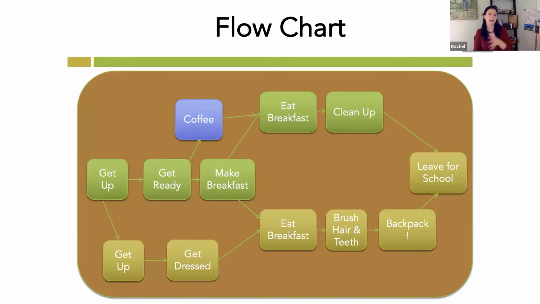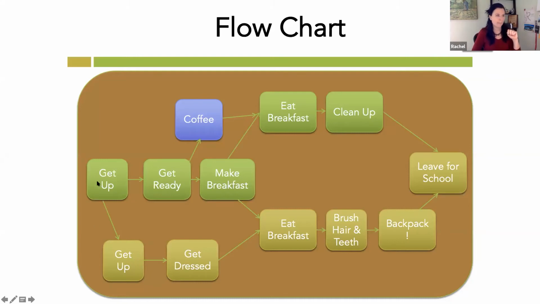You want to lay them out in a way that makes order sense. Sometimes things are happening at the same time, right? So it's not always linear. The green is me, and the yellow is Alex.